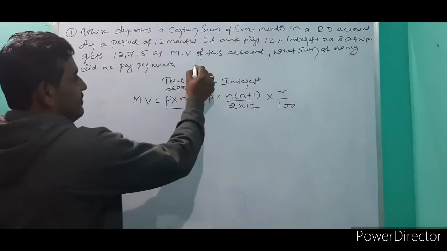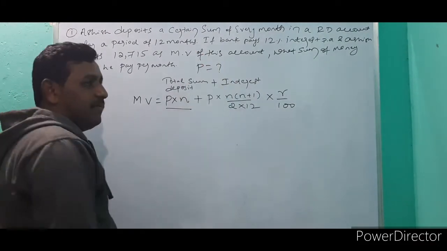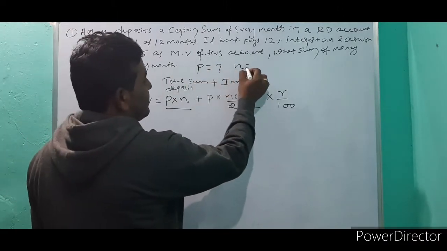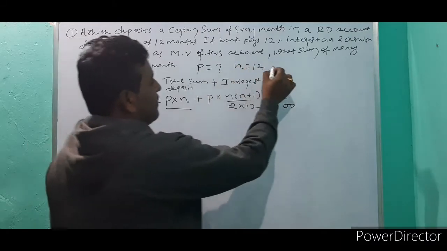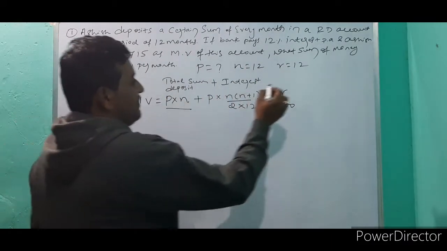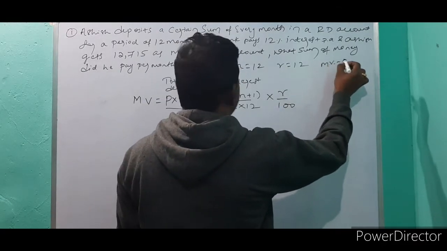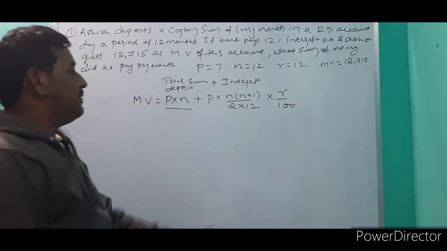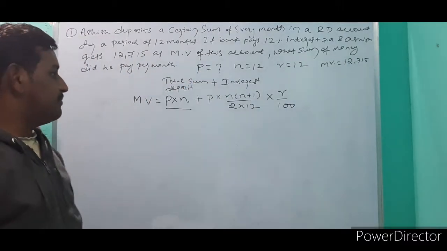That is not given, that's why we have to find the P value. They have given the N value 12 months, rate of interest 12%, and the maturity value after the term, 12,715. So we have to find the P value here.